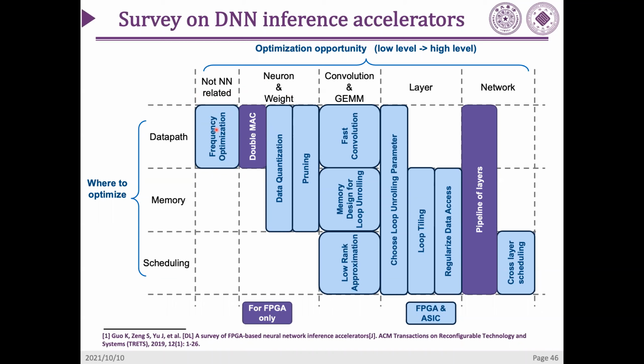For where to optimize, you can optimize data paths, memory, and also the scheduling part. Some of the technologies are for FPGA only, and some can be used for ASIC. This is the survey paper. We put it there, and you can go and read it.